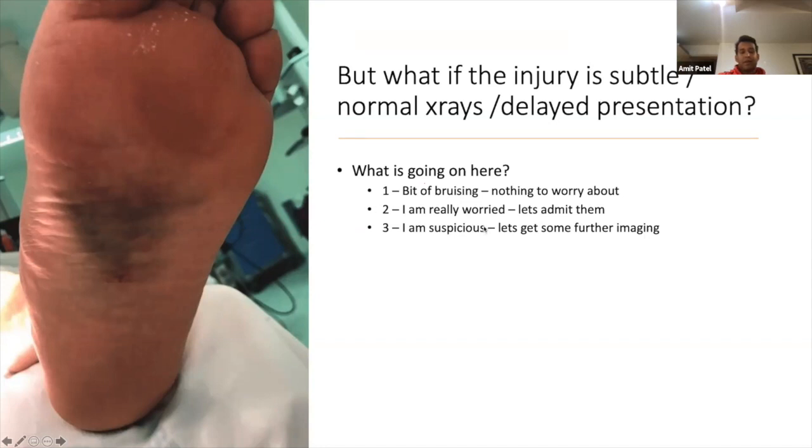Let's see. So yes, I think you guys know plantar ecchymosis is not pathognomonic. It's suggestive of a midfoot Lisfranc injury. Other midfoot fractures not related to the Lisfranc can cause bruising as well.